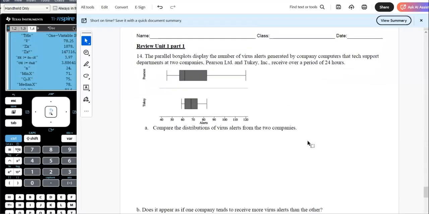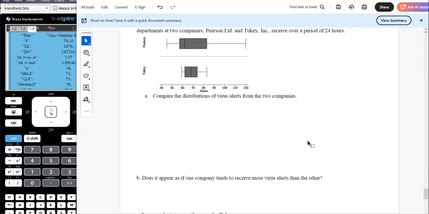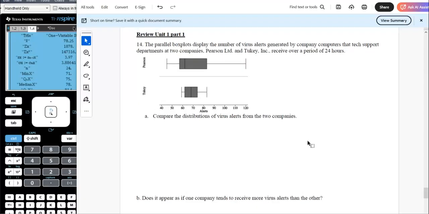Okay. Last question. Parallel box plots show the number of virus alerts generated by company computers in the test departments at two companies over 24 hours. Compare the distribution of virus alerts from the two companies. Okay, so you want to talk about shape.